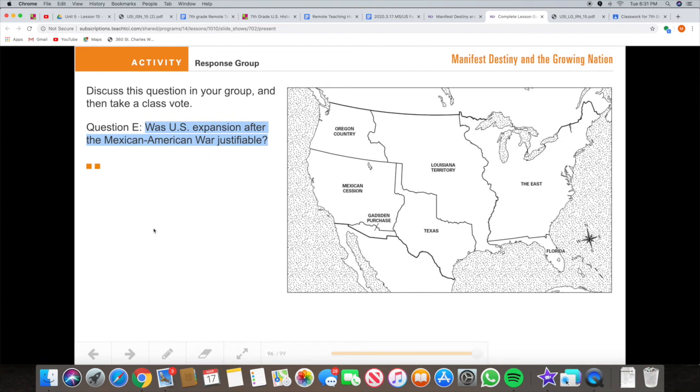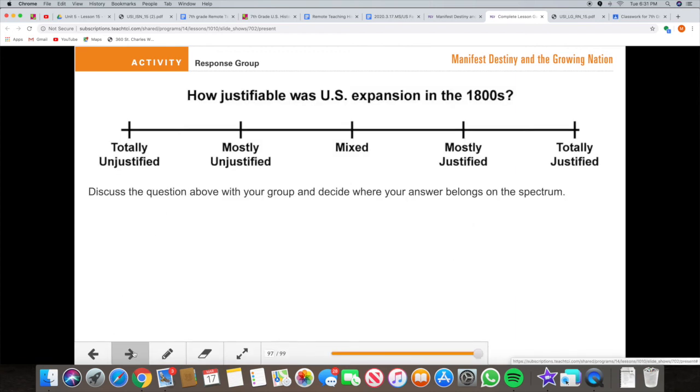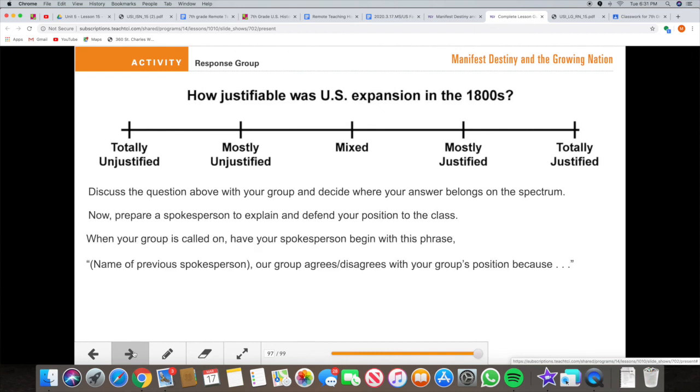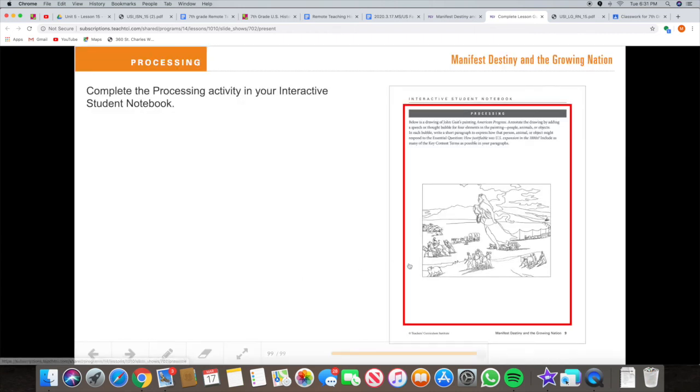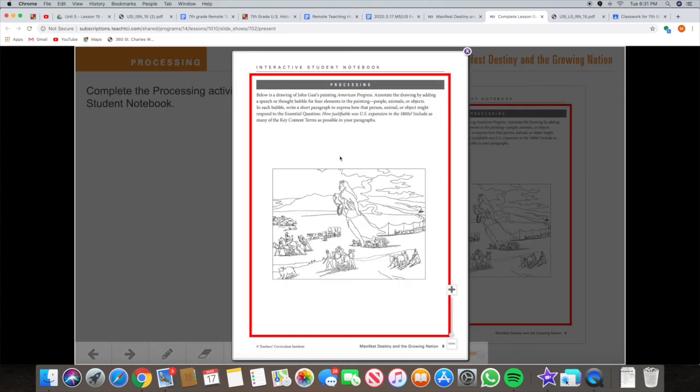Okay, and this is where we have 2 options. So either you are gonna go to the processing page, which is on page 146 in your interactive notebook. There you will look at this drawing and add speech or thought bubbles for 4 elements. So that could be this person, this could be like animals, it could be anything here.